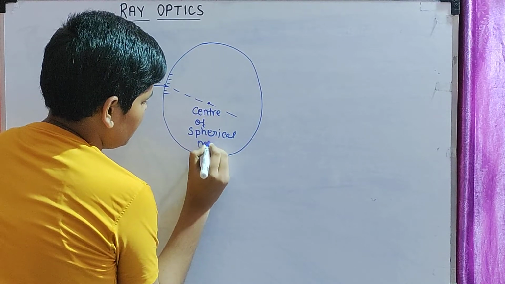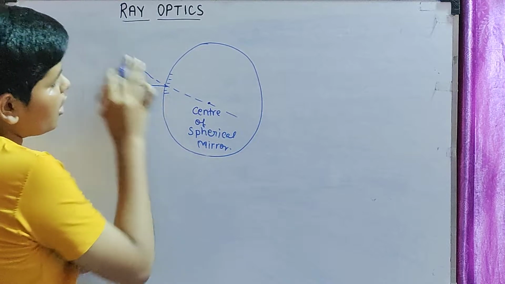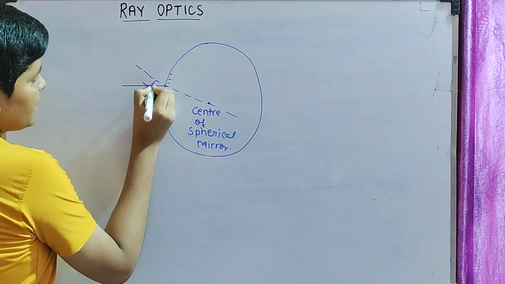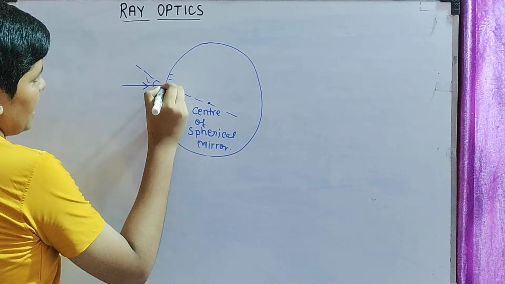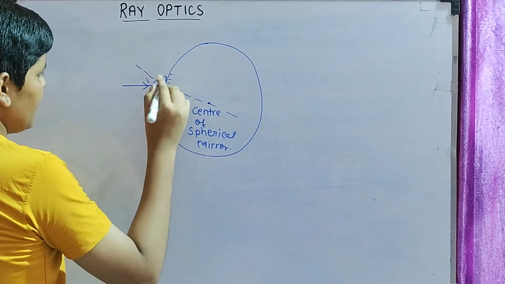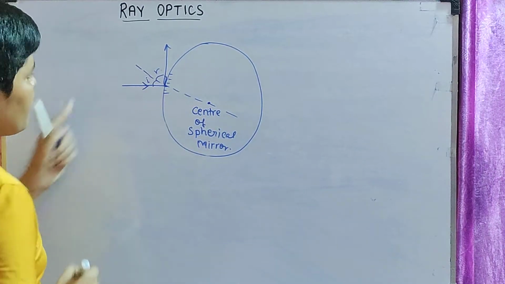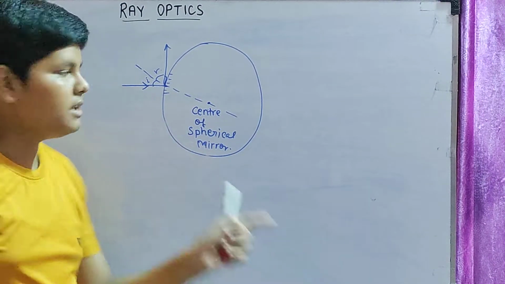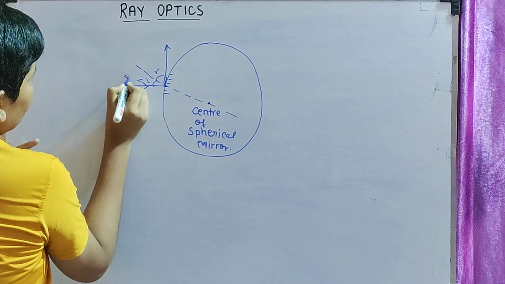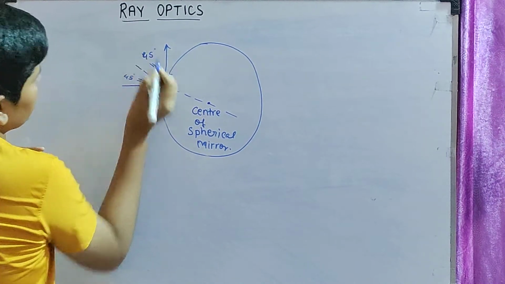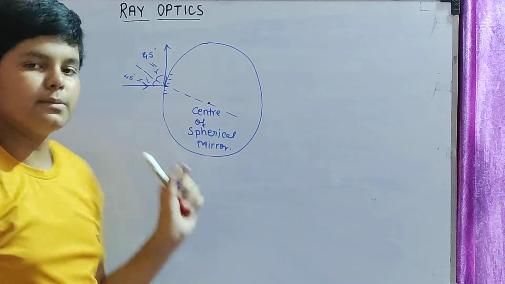You take this angle as the angle of incidence. At the same angle, you reflect it back like this. This is the angle of reflection. If the normal is passing directly in between, then the angle of incidence is equal to 45 degrees, and the angle of reflection is also equal to 45 degrees. Hence, you can draw other normals like this.